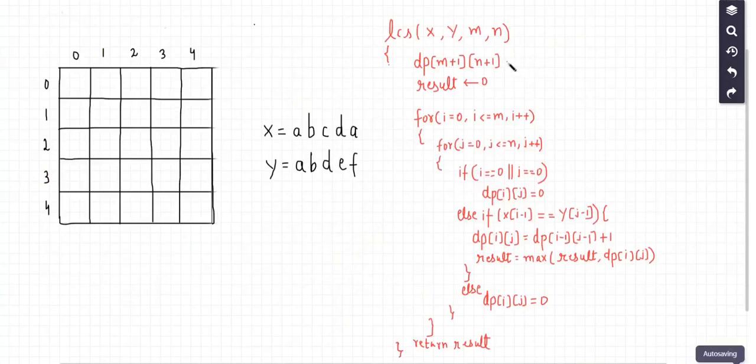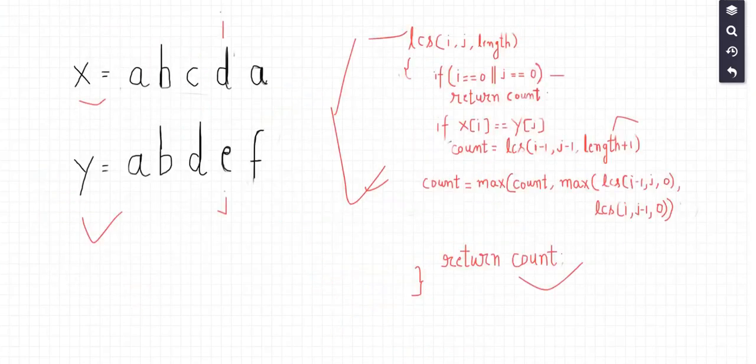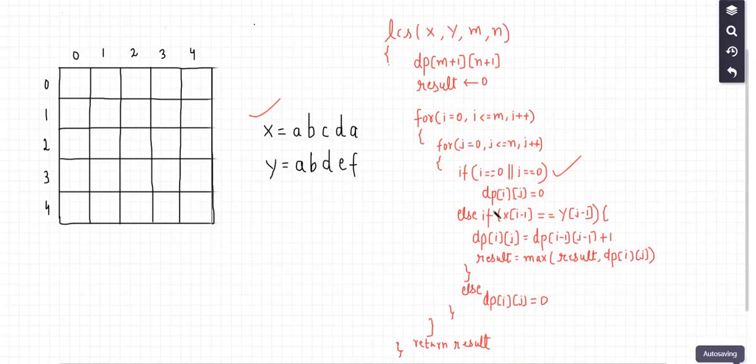So this is a DP array of dimensions m cross n, with the result initialized to 0, and here I am running my loop which runs from 0 to m. m is the length of string x and n is the length of string y. So this is a nested loop, and this is the base case which I explained here, namely if I exhaust one of the strings, then the answer for that LCS will be 0, because the LCS for an empty string and a non-empty string will always be 0.